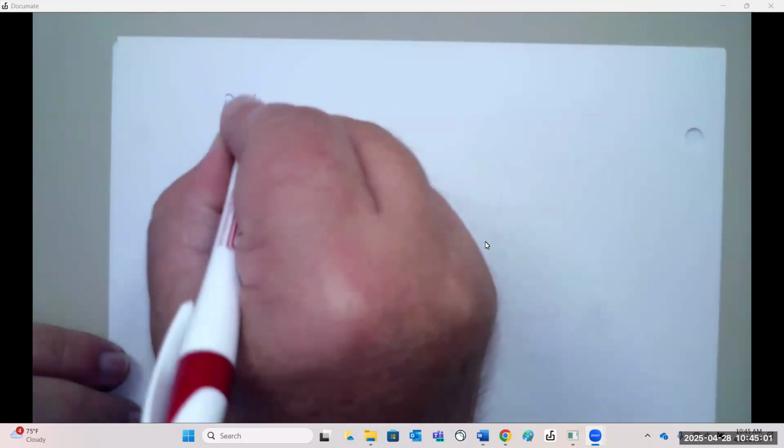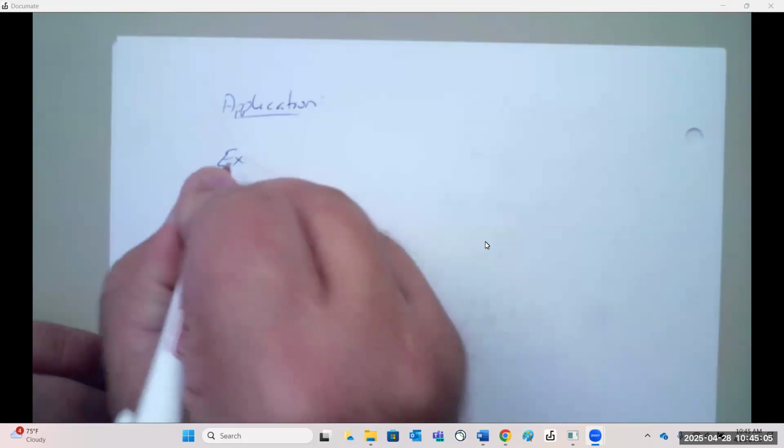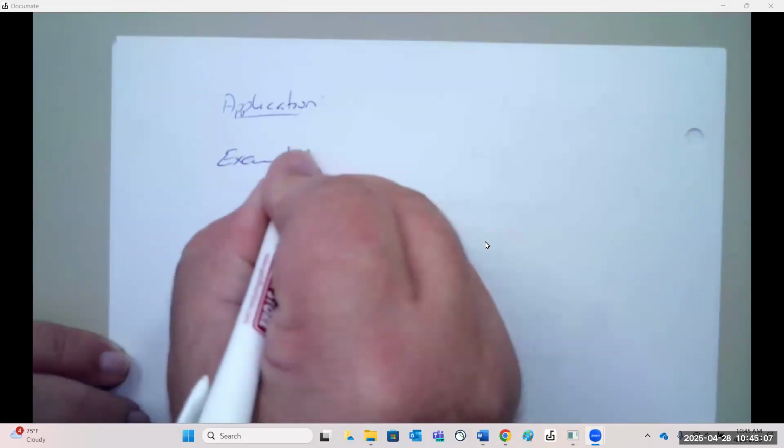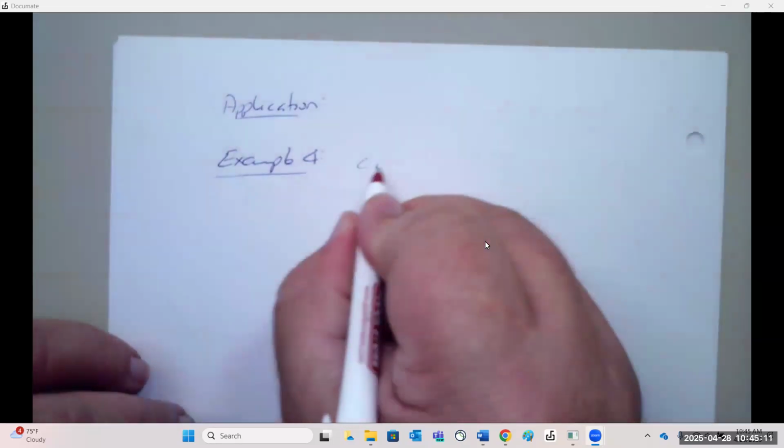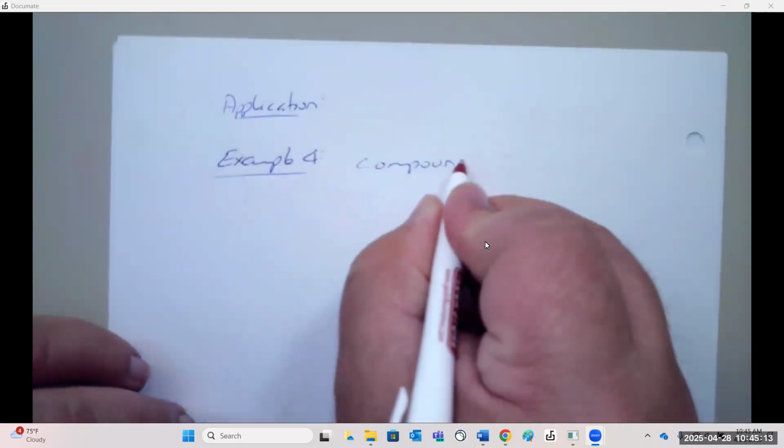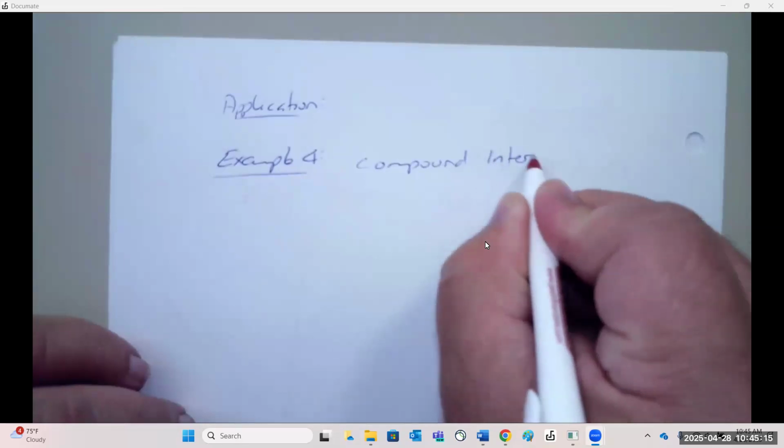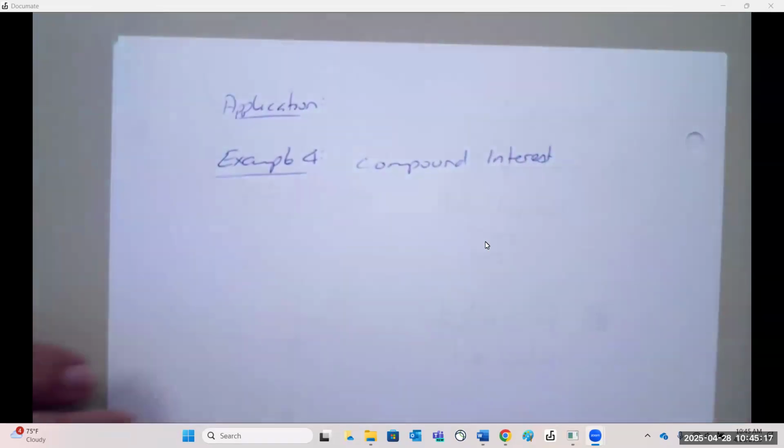Here's an application problem: compound interest. There are 2 types of interest that banks usually use, compound or simple interest.